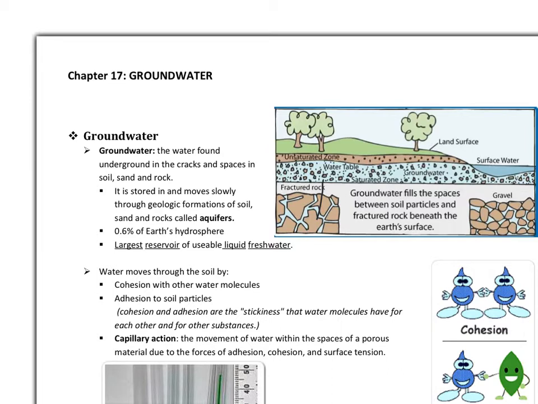But overall, I want you guys looking at this chapter from the perspective of the water that you drink, the water that you bathe in, the water that you wash your car with, water the lawn, all of that on Long Island is coming out of the ground from what we call the Long Island Aquifer.